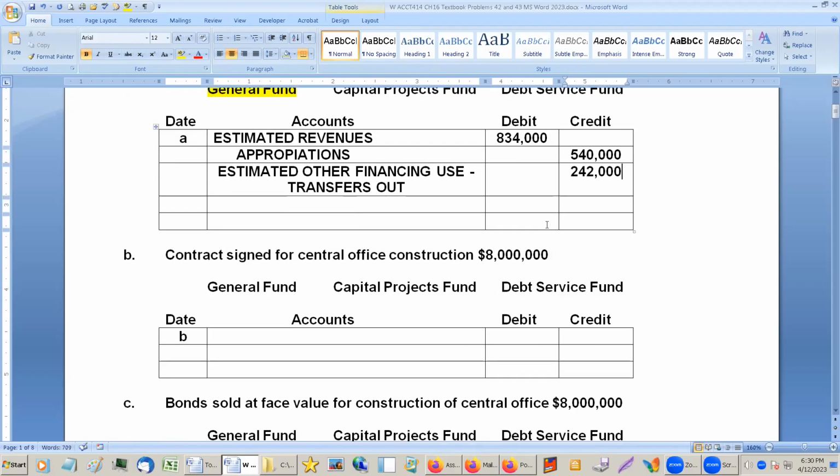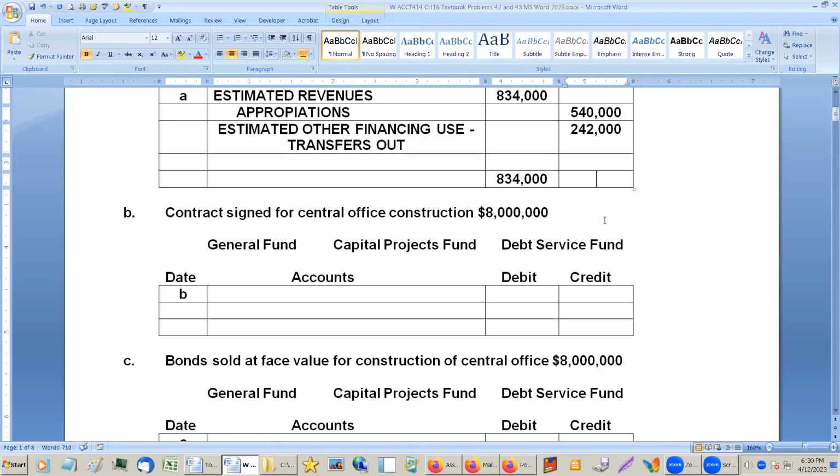Okay, now for the fun part. So we have 834 on one side, we have 782 on the other.